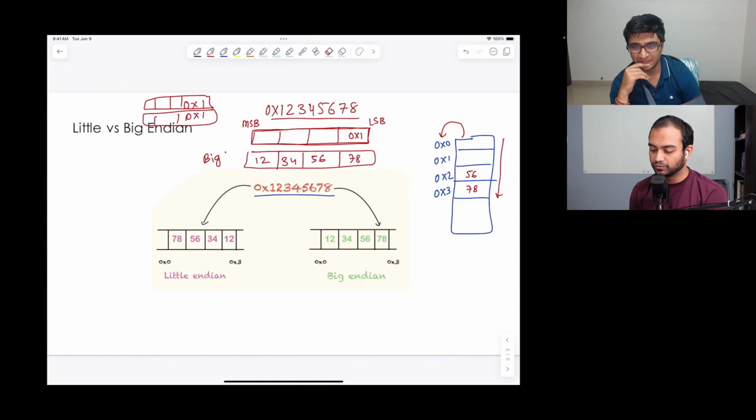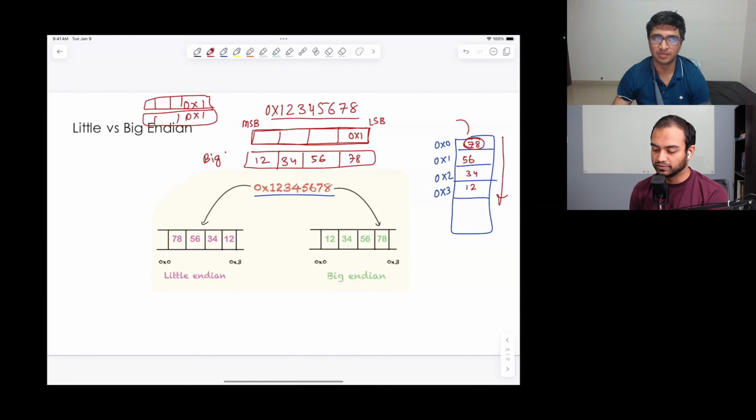And if it was stored this way, then it's little endian. The LSB is stored first.